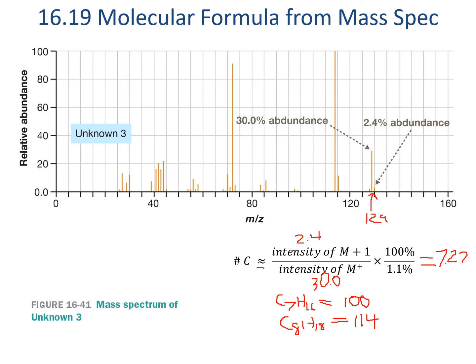We could try to put in another carbon, like another CH2 group, we are saying that it's about, and this is dealing with statistical data. But if we added another 14, we'd be at 128, and there'd be no way of getting that odd number here, the 129.